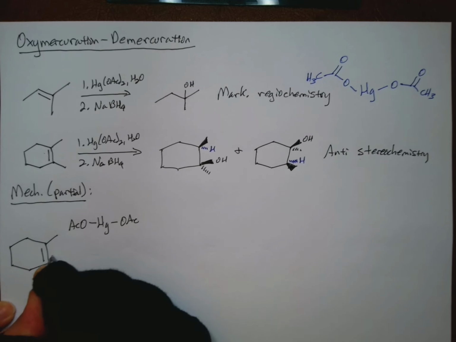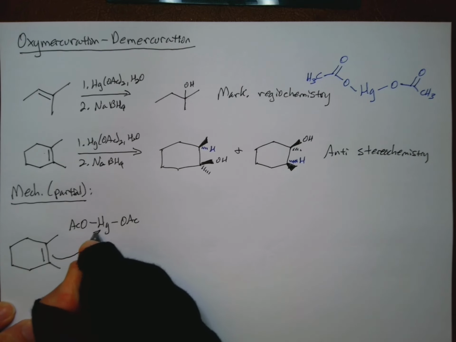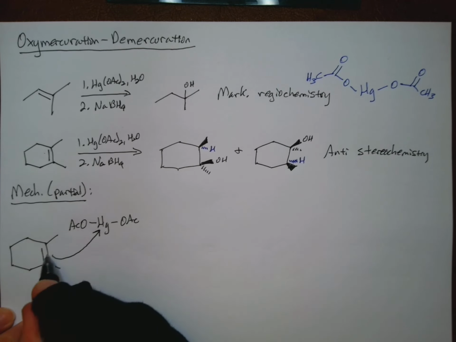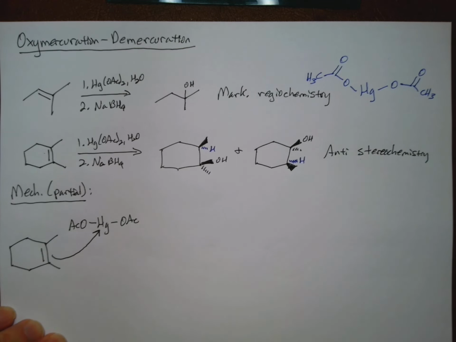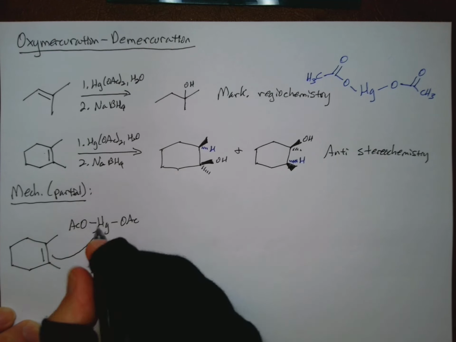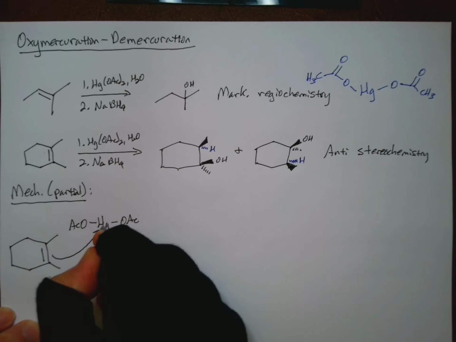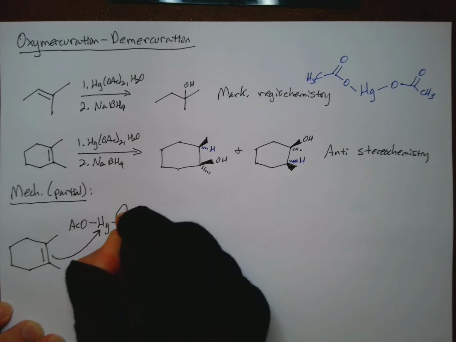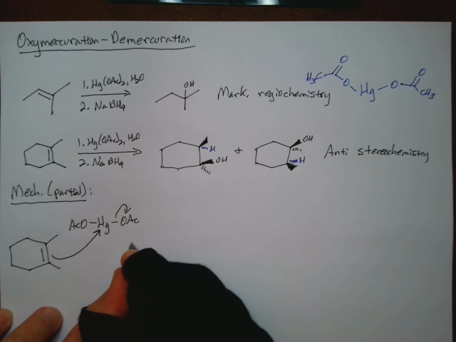And I'll go ahead and I'll have attack by the pi electrons from the double bond. And then I'll also get electrons from the mercury itself adding in, which I'm actually not going to show here, so this is going to look a little weird.